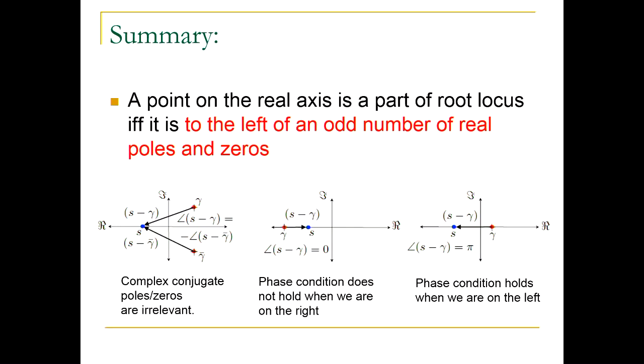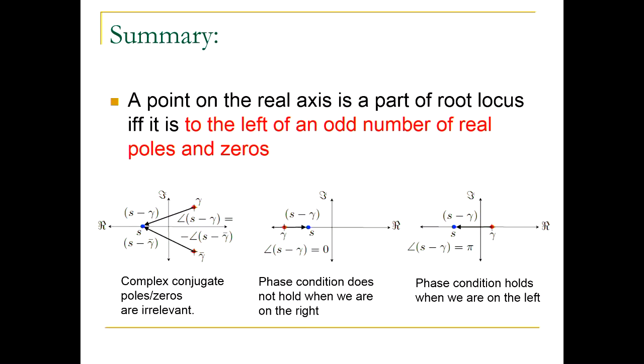But then, if I now take the test point s0 to travel on the real axis, and I'm asking, is this point on the real axis part of the root locus? Is this point part of the root locus? Etc. If I just go through the whole real line and test using the phase condition, then the contribution from any complex conjugate poles or zeros would cancel.